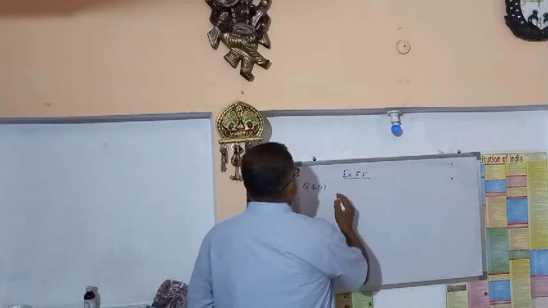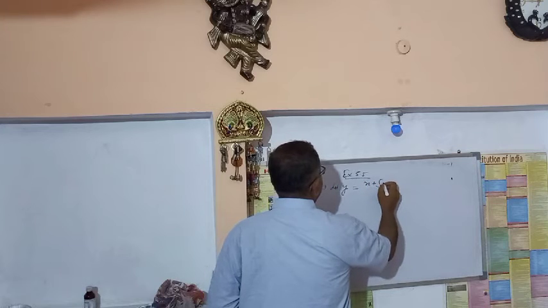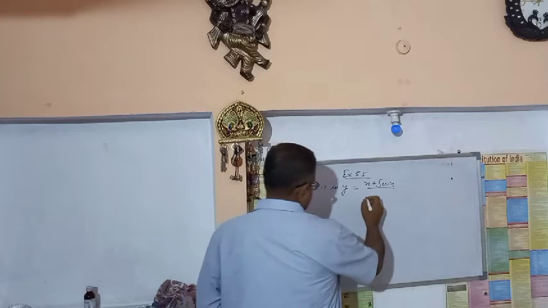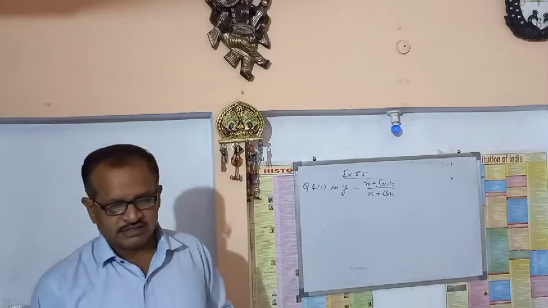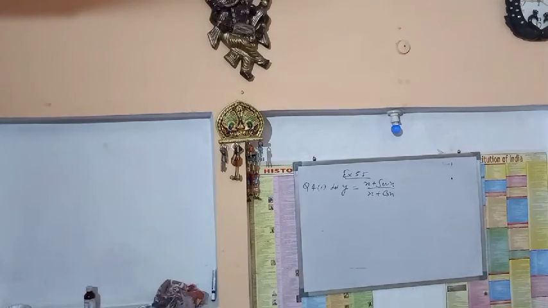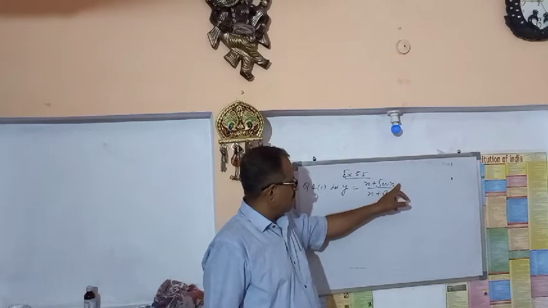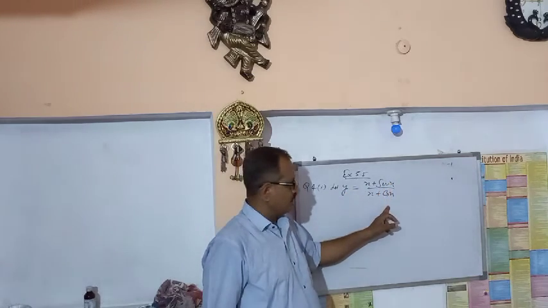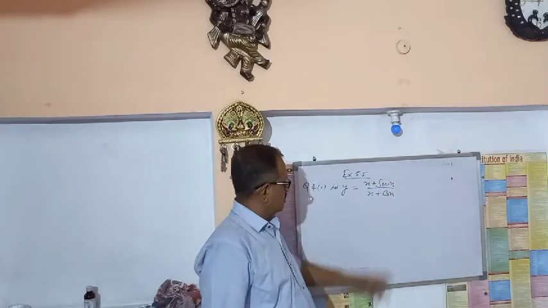Let y is equal to x plus sin x upon x plus cos x. Here we have a numerator and a denominator, so we have to apply the quotient rule.